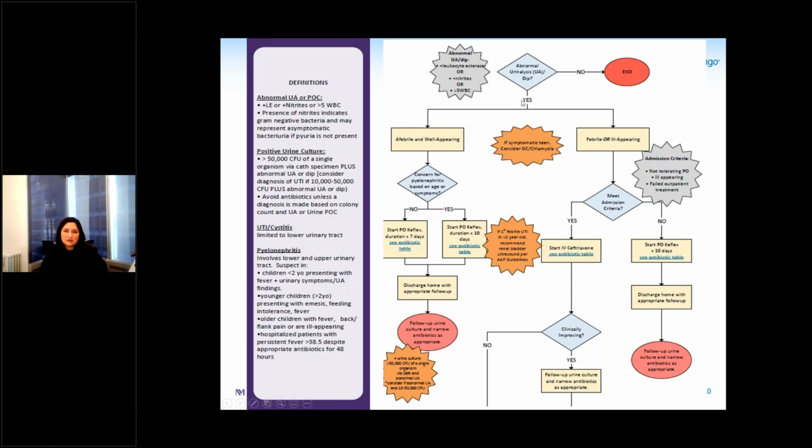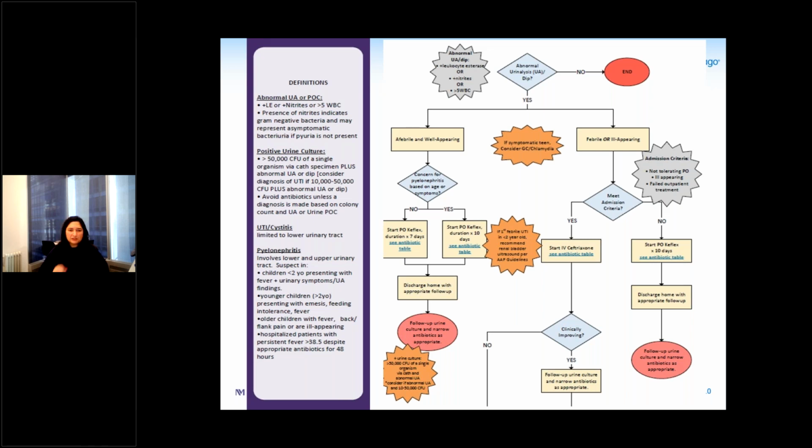We talked about urinalysis, but also culture. Typically we count a positive culture as greater than 50,000 CFUs of a single organism via a cath specimen, plus an abnormal UA or dip.